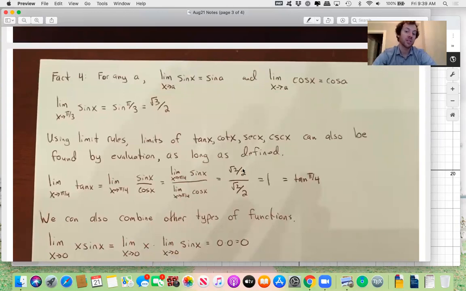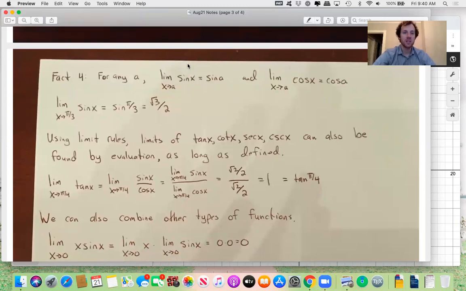Sine and cosine are the same. They're both the square root of 2 over 2. And while this looks like a mess, it's the same number divided by itself. And dividing a number by itself is just 1. And what we expected to happen is that 1 is tangent of pi over 4.